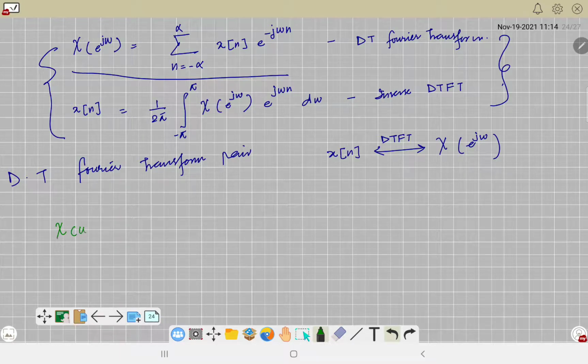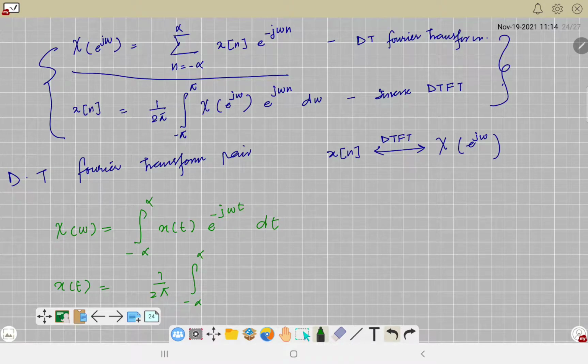In the continuous time domain, X of omega was the integral from minus infinity to plus infinity of x of t e raised power minus j omega t dt. And then the inverse transform was 1 by 2 pi, minus infinity to plus infinity, X of omega e raised power j omega t d omega. Right?